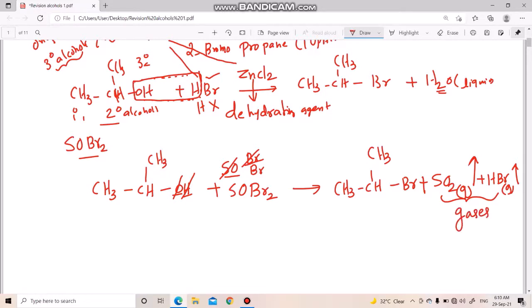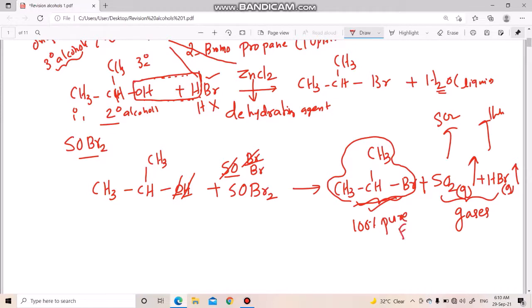Both the byproducts are gases, so these gases will escape from the product mixture. So finally what will we get? Only isopropyl bromide, in 100% pure form with SOBr2.